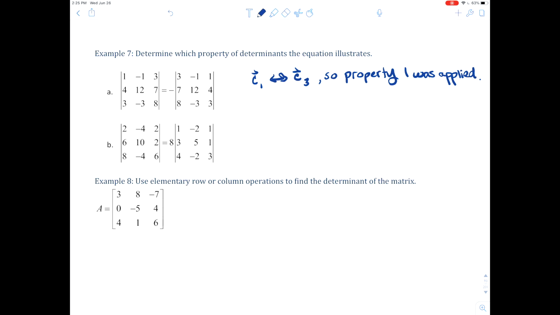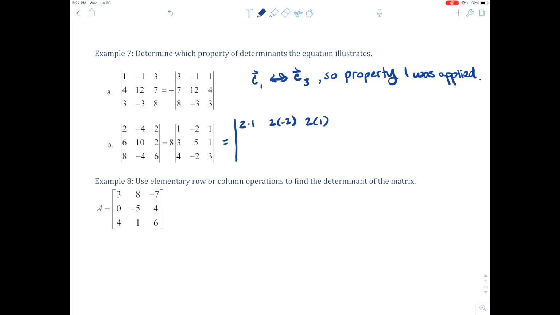Cool? Okay, so what happened with part B? Looking at this one, do you see that this one is like 2 times 1, 2 times negative 2, and 2 times 1 for that first row.